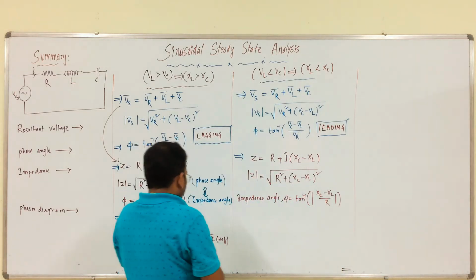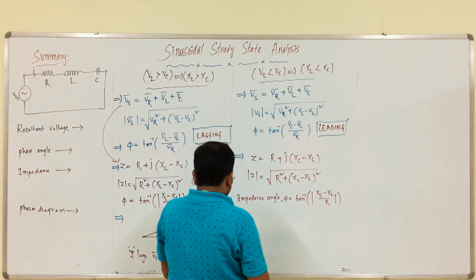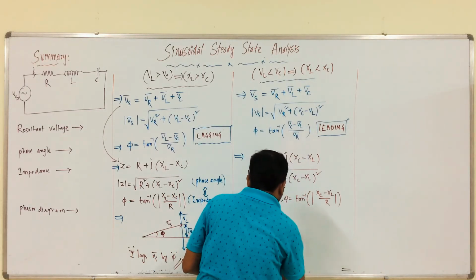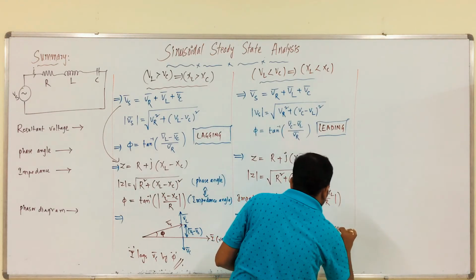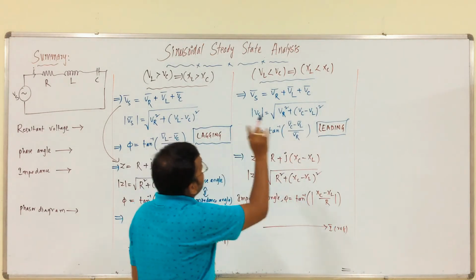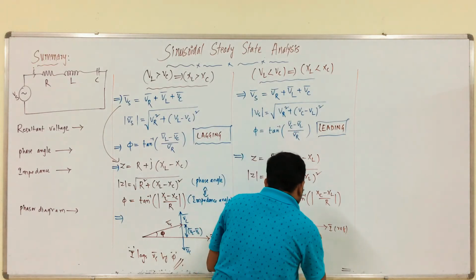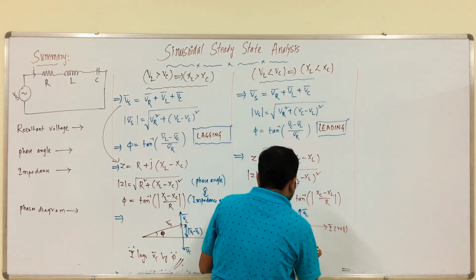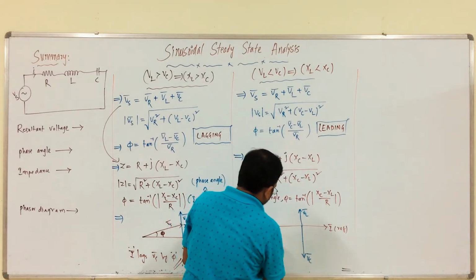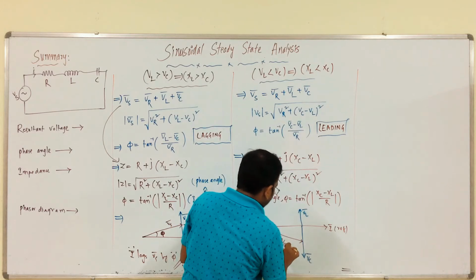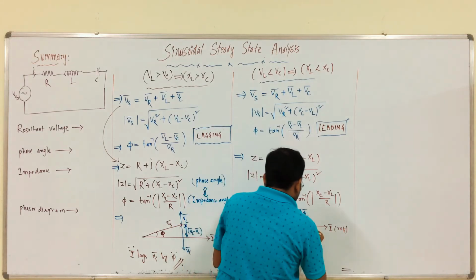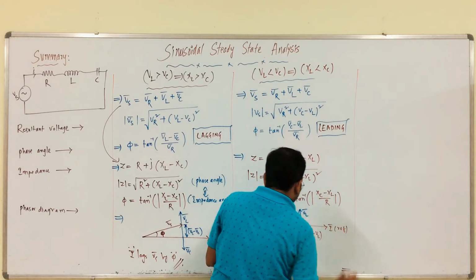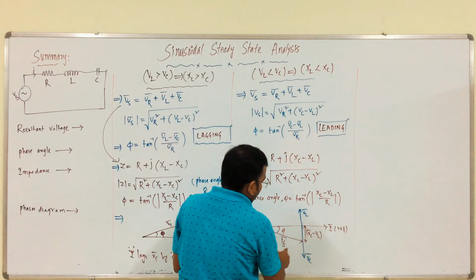Clear? Then phasor diagram. Current is taken as reference. Next, VC is more than VL, this is VC, this is VL, therefore this is the point. This is phi. This is VC minus VL. Clear? See, current leads voltage by phi.